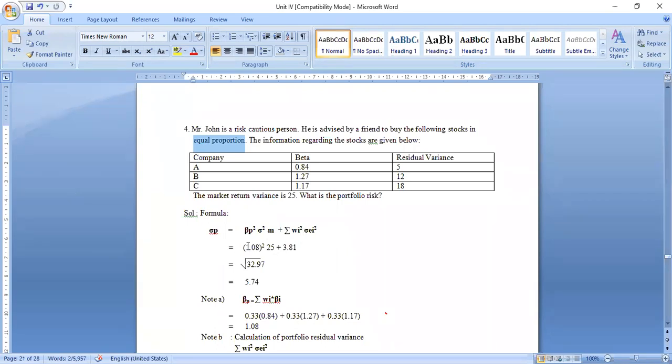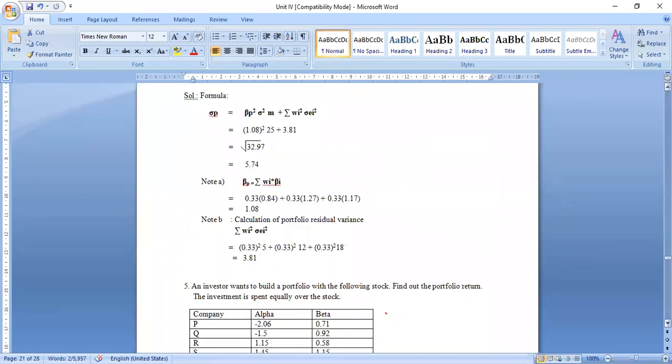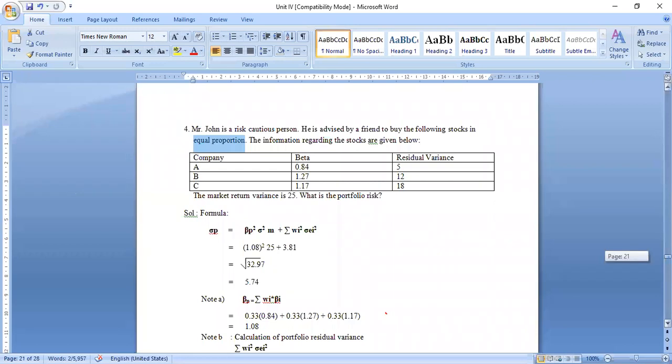So first, we have two working notes here. One is to calculate the portfolio beta and the second is the summation of residual variance. Why have we taken 0.33 here? As I've already told you, they have not given the weights separately for each of these securities.